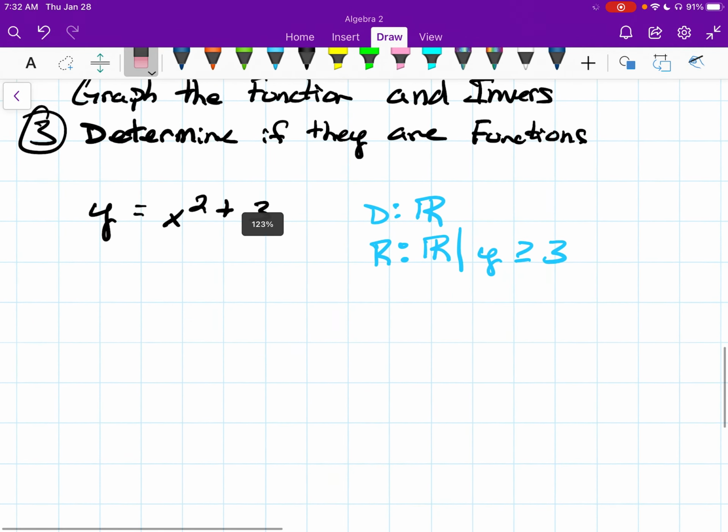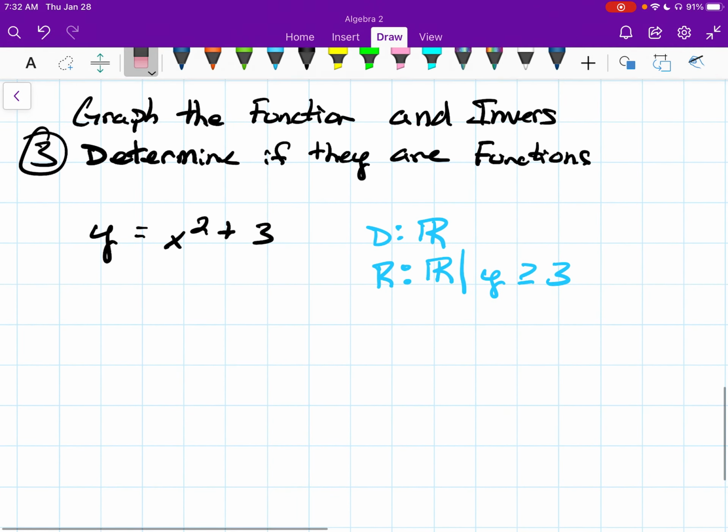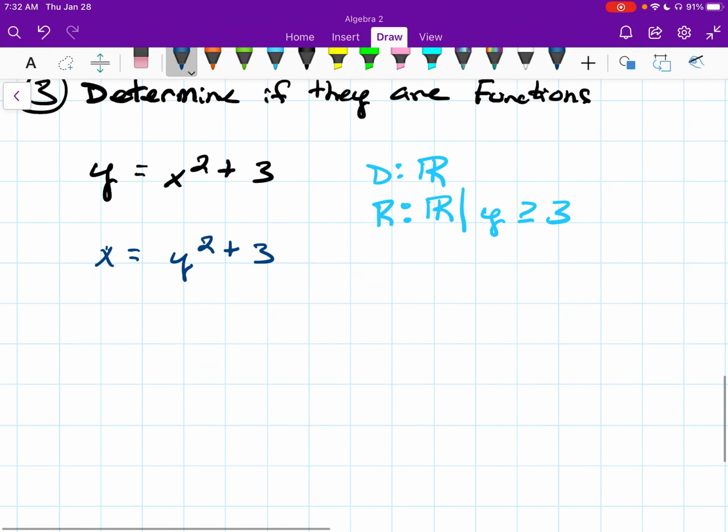All right. Let's find our inverse and then we'll graph them together on the same thing. So just like in the last one, we're going to swap the variables and then we're going to solve. So we'll say this is x equals y squared plus 3. So now we solve for y and get y by itself. So this will be x minus 3 is y squared. And then we have to put a square root in there. And we created the root, right?